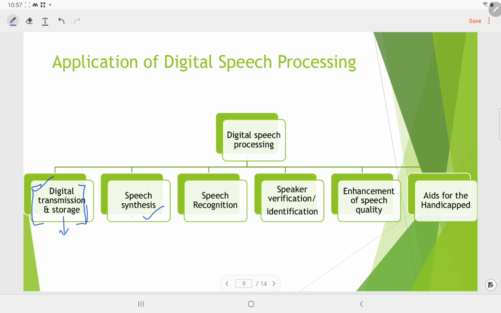Then speech synthesis, whose applications you will find in many places. One example is your Alexa, or different smart home appliances.